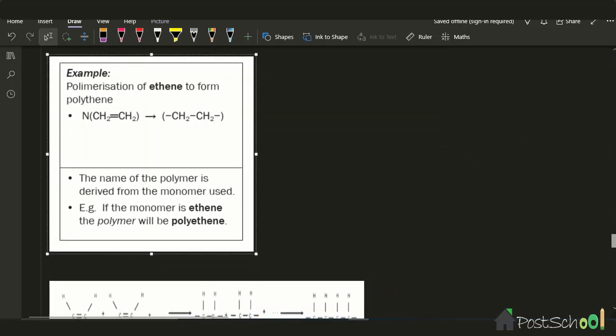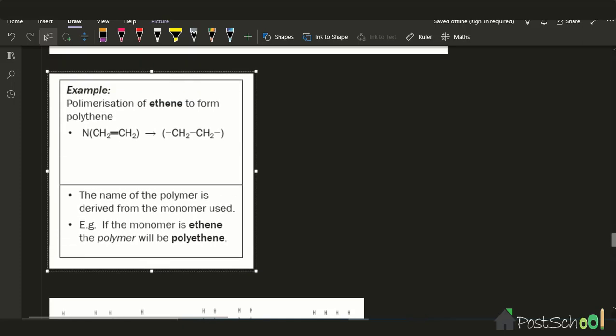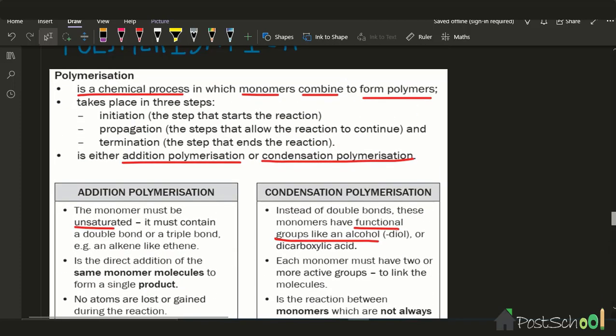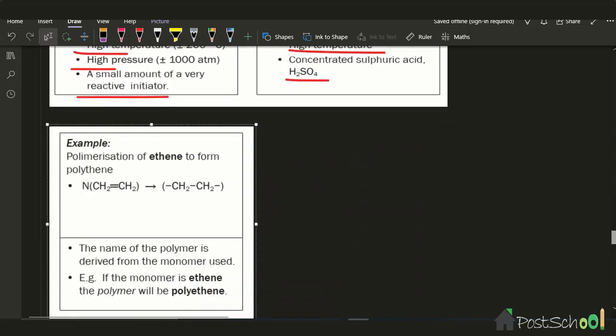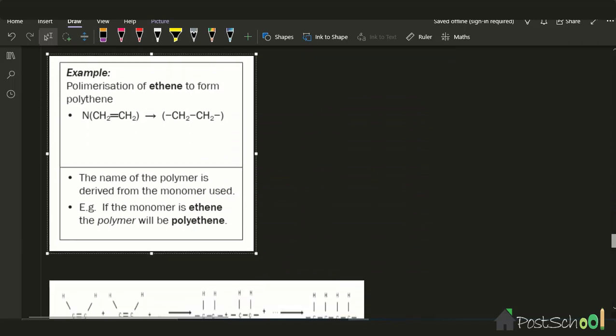So here is an example of polymerization. Remember above, polymerization involves monomers combined to form polymers. So monomers are the building blocks to form many, to form a long chain, a polymer.